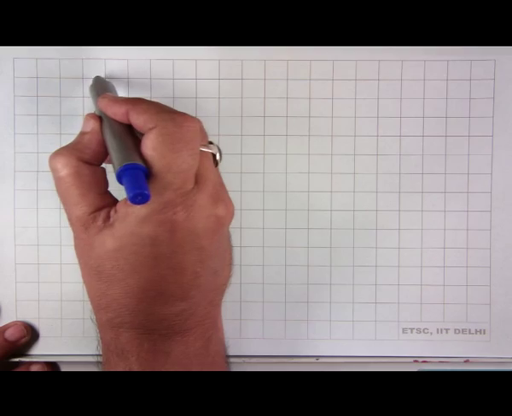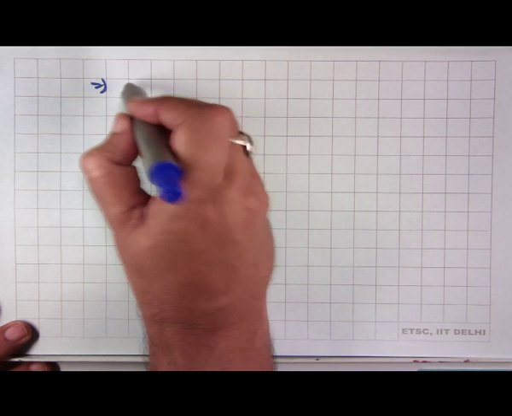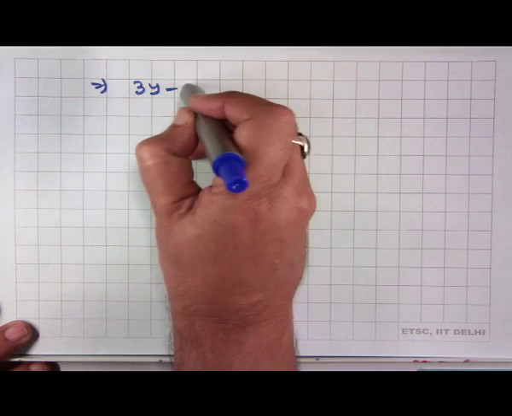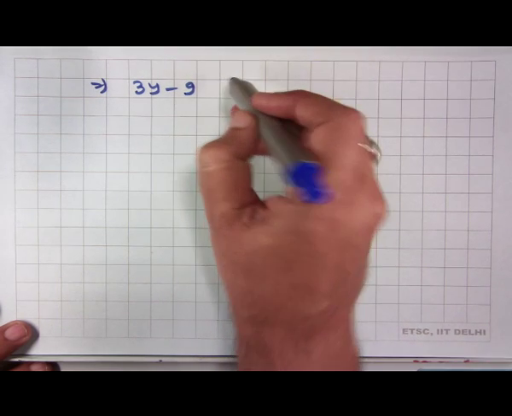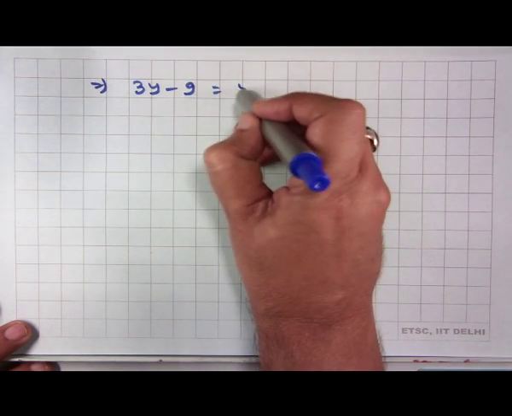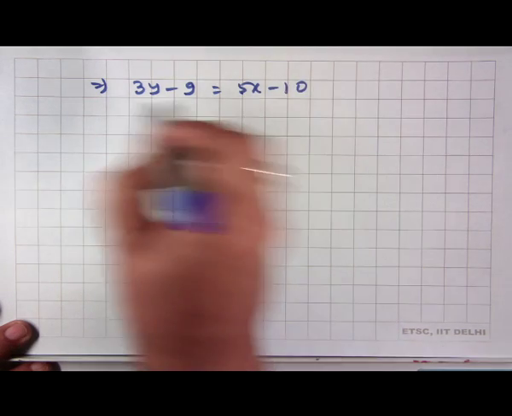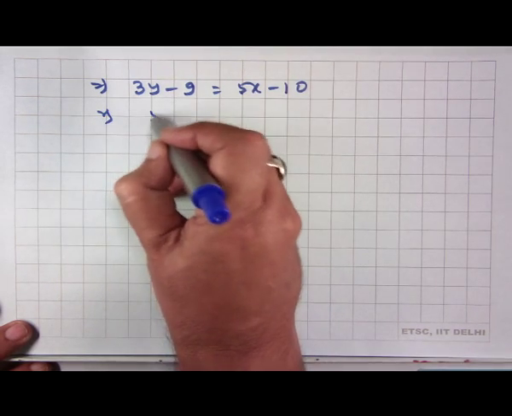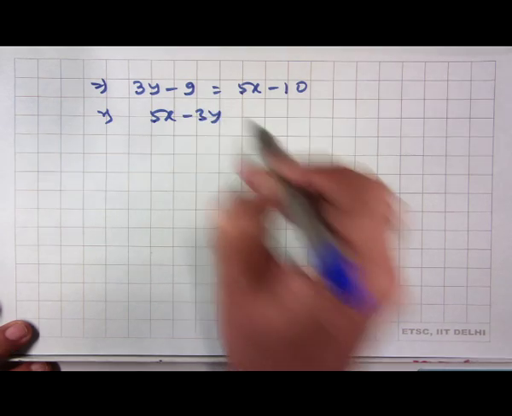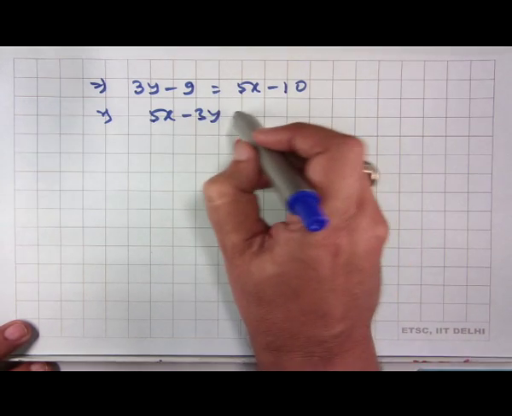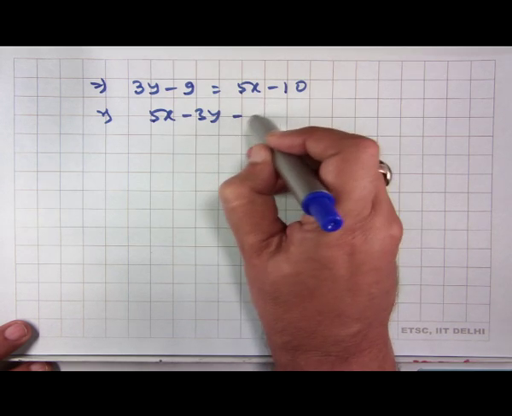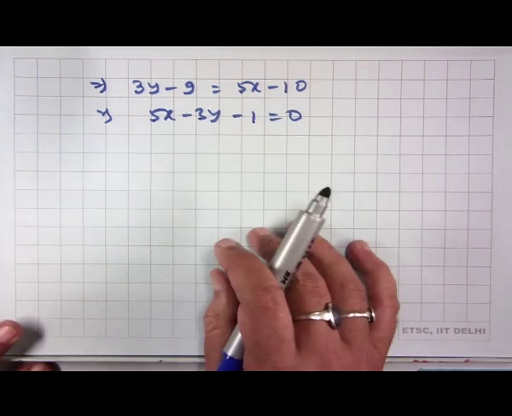So this implies 3y − 9 equal to 5x − 10. So 5x − 3y − 1 equals 0.